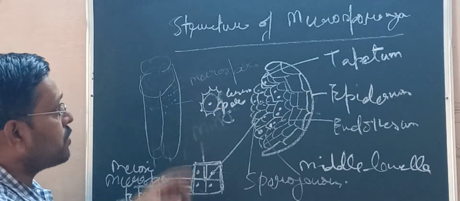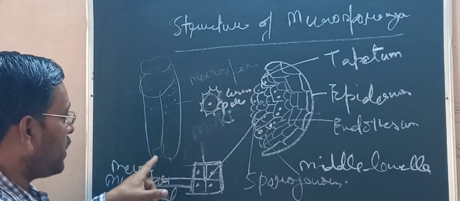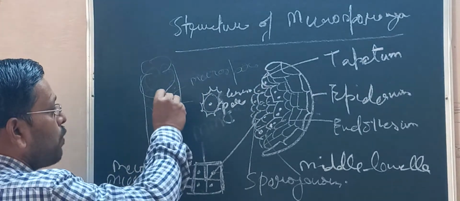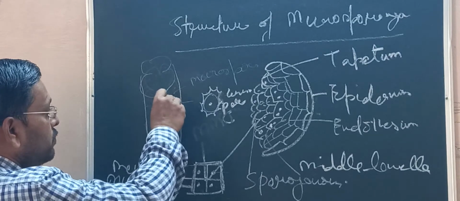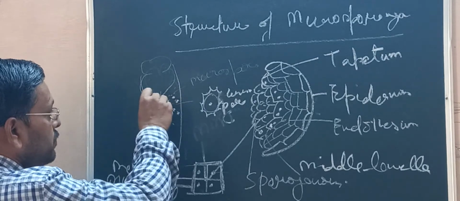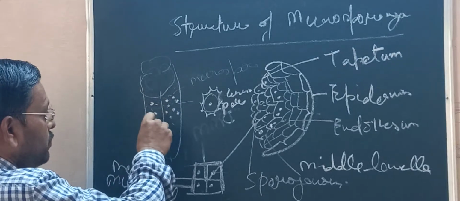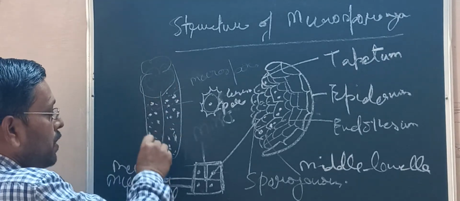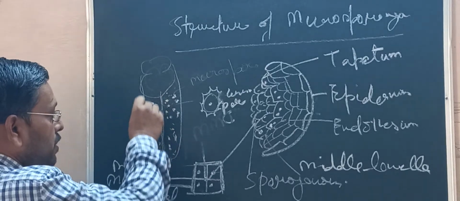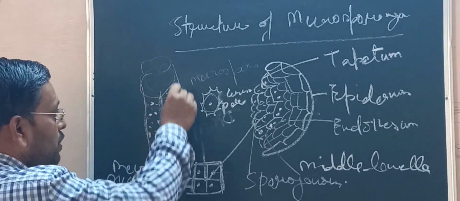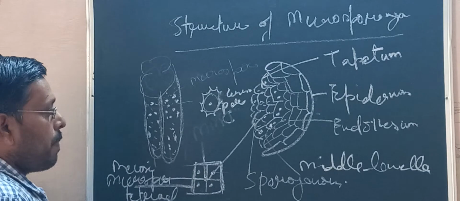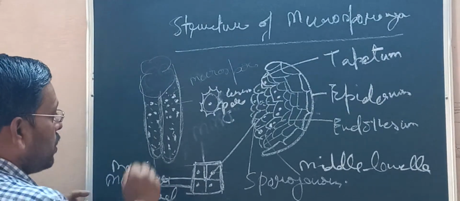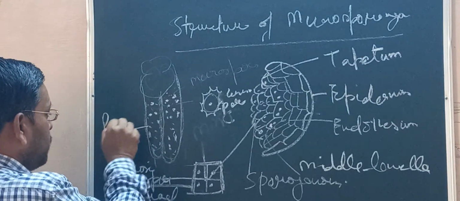So this is the structure of the microsporangium, and now the microspores are converted into pollen grains, and these pollen grains are filled in a sac-like structure of the anther. Now they are called the pollen sac.